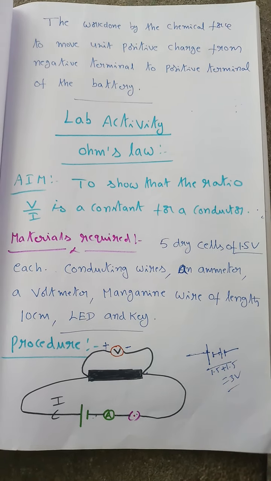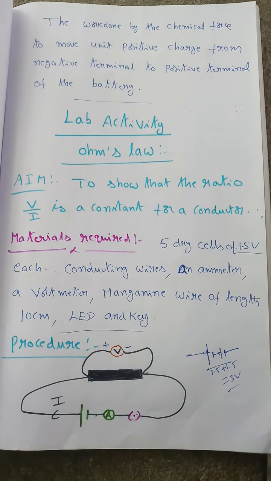That means the positive terminal of the voltmeter is connected on the positive battery side of the magnet wire, and the negative terminal of the voltmeter is connected on the negative battery side of the magnet wire in this way. So in this way we have to connect the devices in the circuit. Here the ammeter is in series and the voltmeter is in parallel connection.